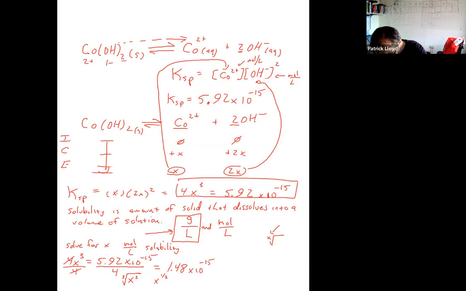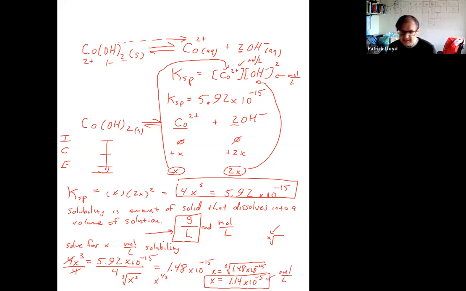So I've got the cube root of 1.48 times 10 to the minus 15, and that's going to give me 1.14 times 10 to the minus 5. Now, that is actually going to be in the units of moles per liter because of the way we've defined the Ksp as being concentrations in the units of moles per liter.